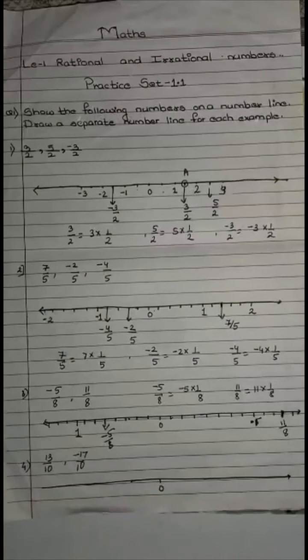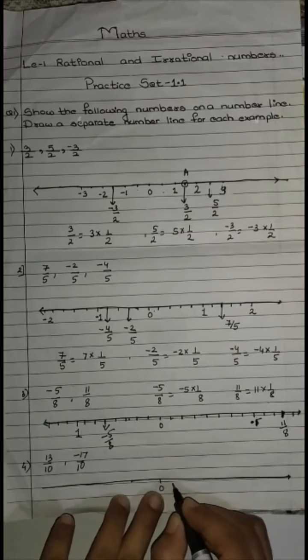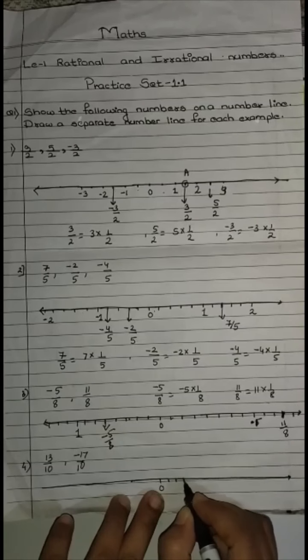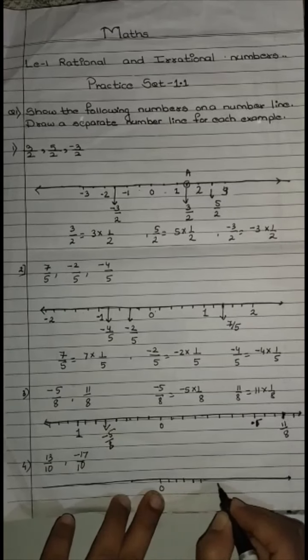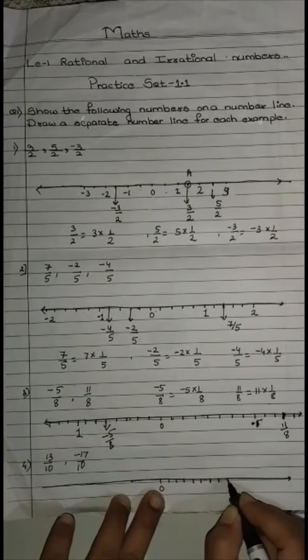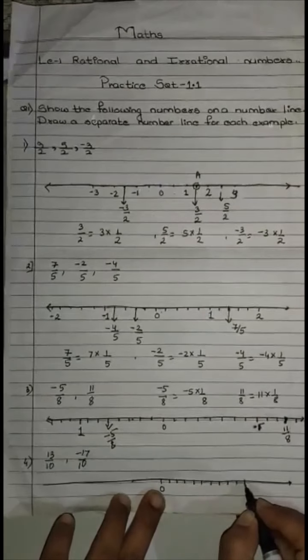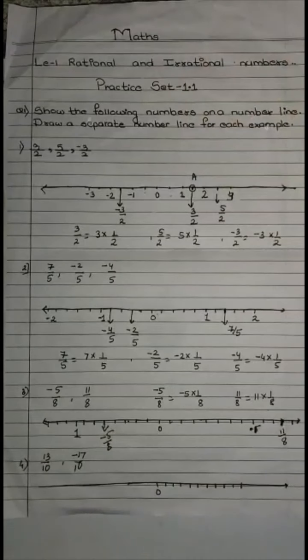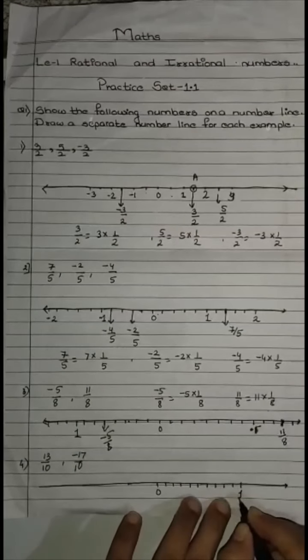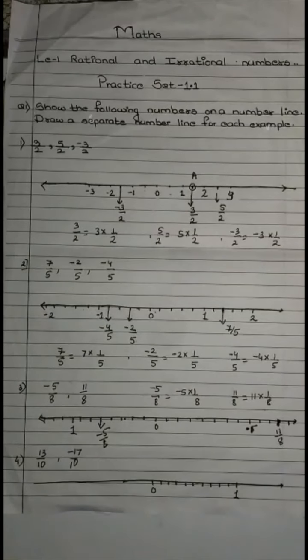Now see, students, here denominator is 10, means you have to divide the number into 10 equal parts. 1 2 3 4 5 6 7 8 9 10. This is your first, means 0 to 1 there are 10 equal parts.